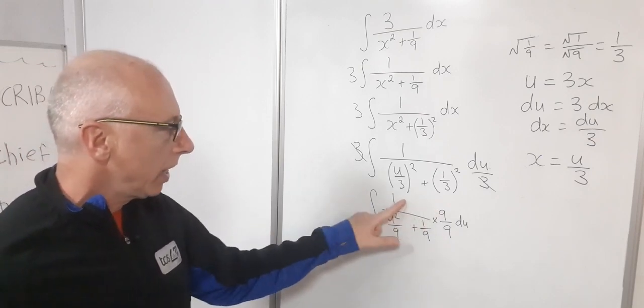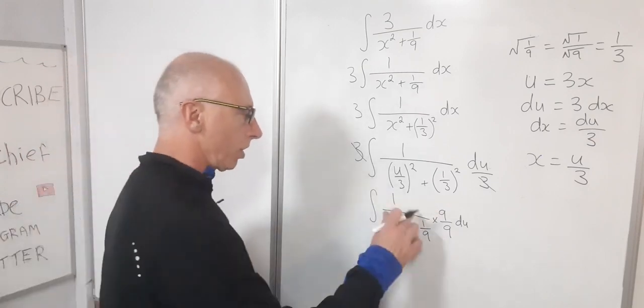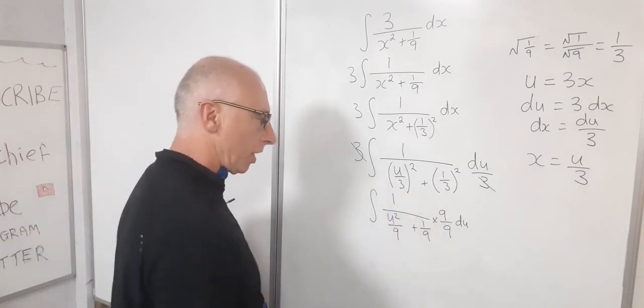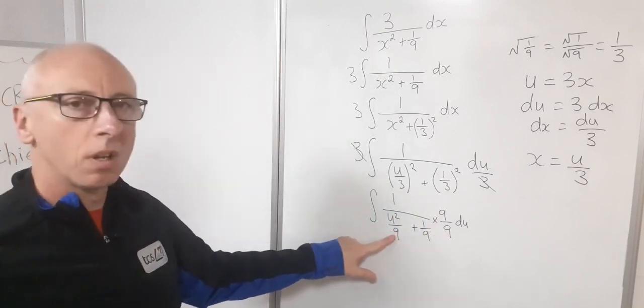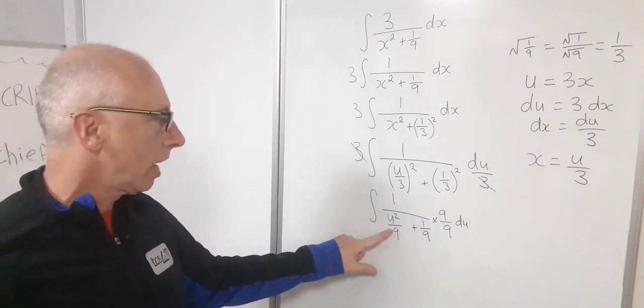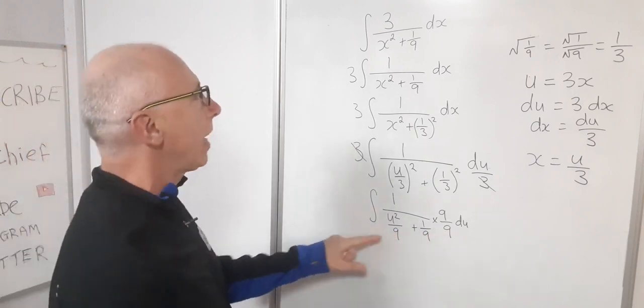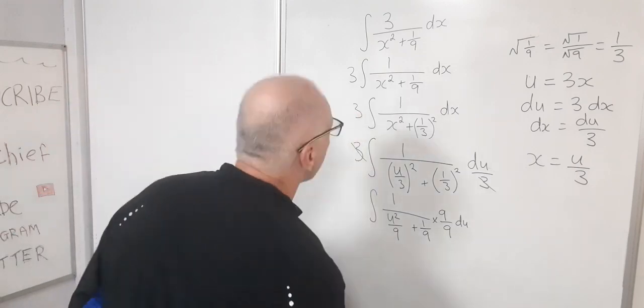So now my 9 here will go on to the top. So I've got 1 times 9 on the top, and then this 9 in the denominator will cancel out both of these 9s.